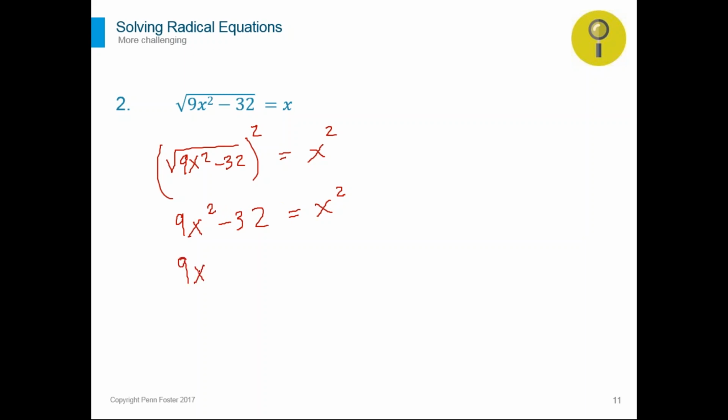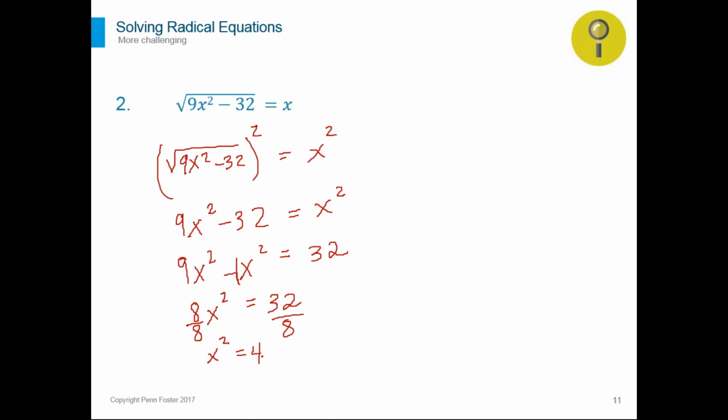So we have 9x squared minus x squared equals, and I'm going to bring that to the other side, so I'm going to add 32 and add 32. So it's going to be positive 32 on the other side. Now, 9 minus 1. Remember, in algebra, we do not write the 1. 9 minus 1, I'm able to do that because, again, those are like monomials. 8x squared equals 32. Now divide and divide over 8. x squared equals 4.